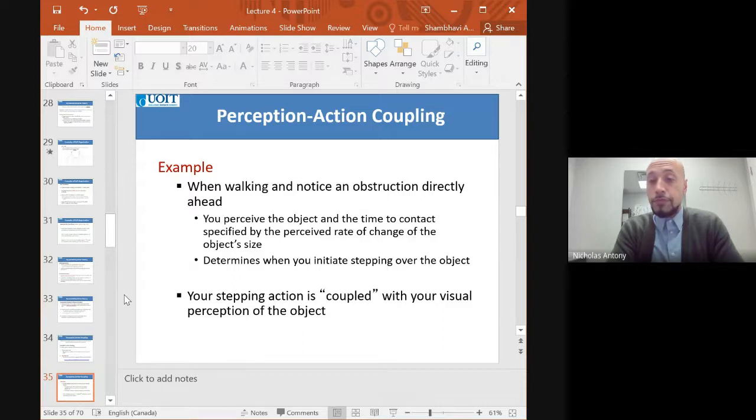Right. Yeah. So somewhere along the line, how does your brain figure out the timing of that? It's because it's coupling your perception of motion, in this case visual. You're automatically timing your movement to what you're perceiving.